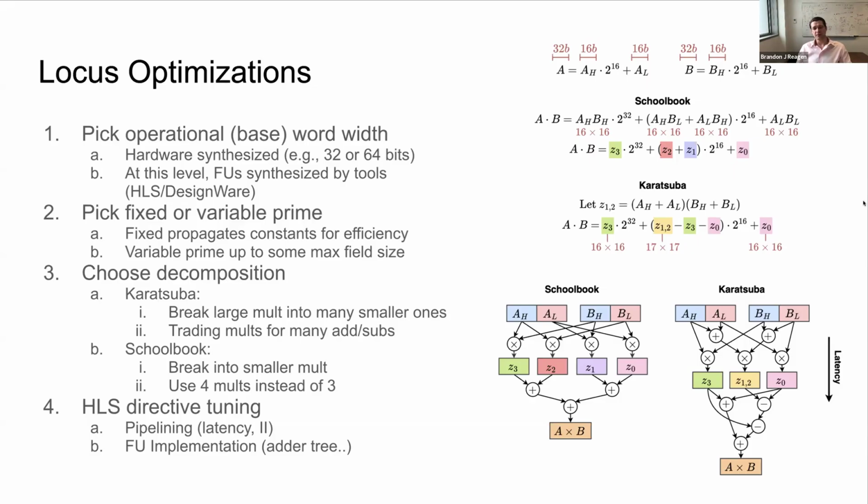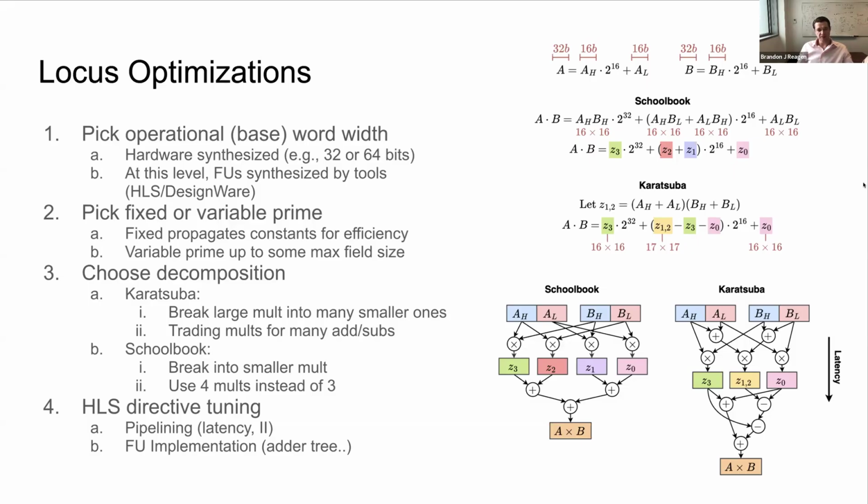And then one of the things we found was really important to do is actually choose your decomposition. So we have, remember, 381-bit operations here. We're not going to just say, okay, I want a 381-bit multiplier. It's going to grow either by 3x with bit width or quadratically with bit width, depending on how you do it. We need to decompose that 381-bit multiplier into much smaller ones, eventually down to the operational or base word width.